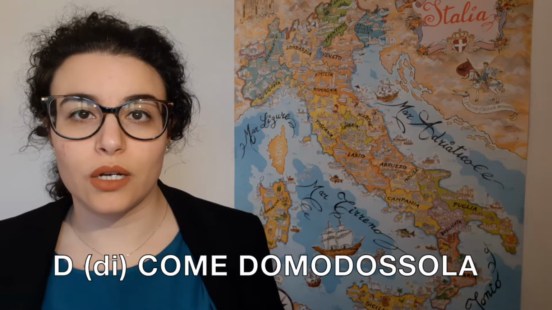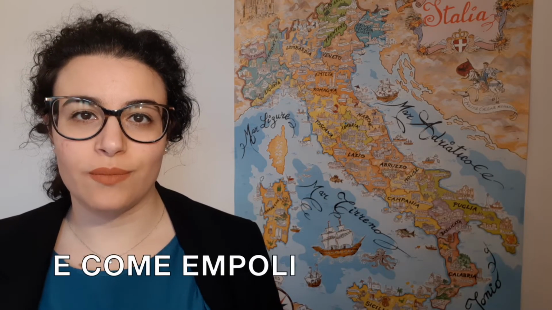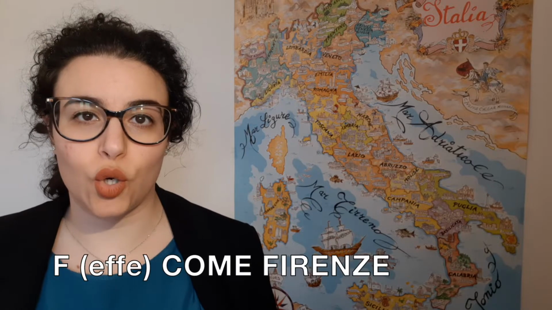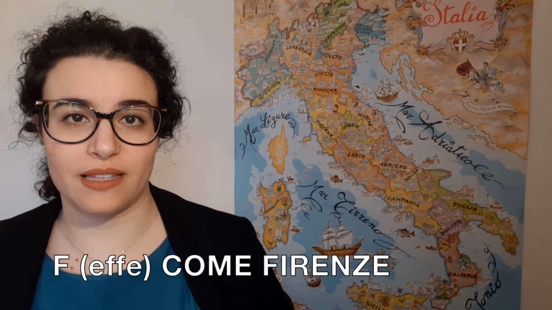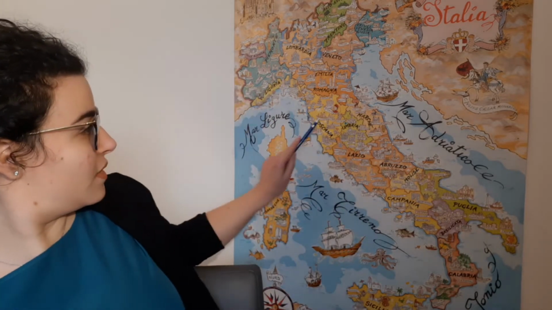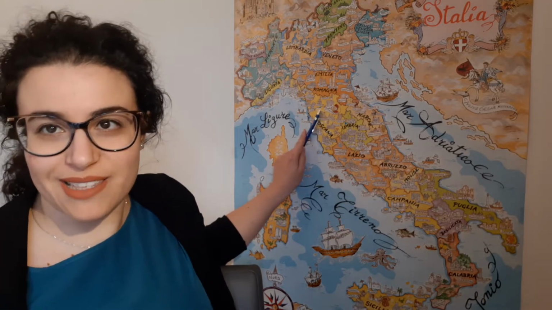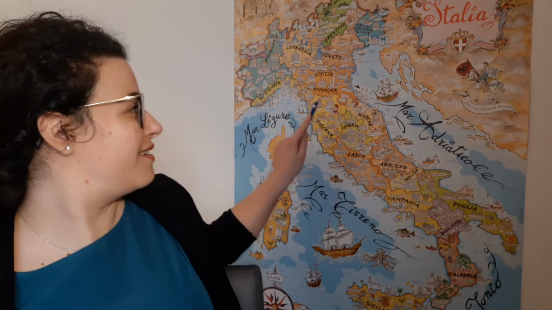D come Domodossola. I know this is a long one. Domodossola. E come Empoli. F come Firenze. Firenze, I guess all of you know Firenze.